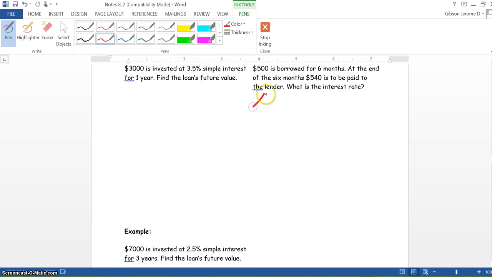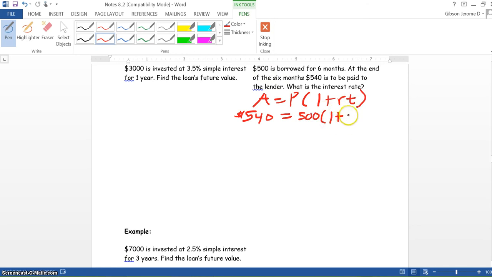So we will use our future value formula. We have A is equal to P times 1 plus RT. Now we substitute. We're given a future value, which is $540, and we set that equal to our principal amount, which is the initial amount we borrowed, which was $500, and we will multiply that by 1 plus.